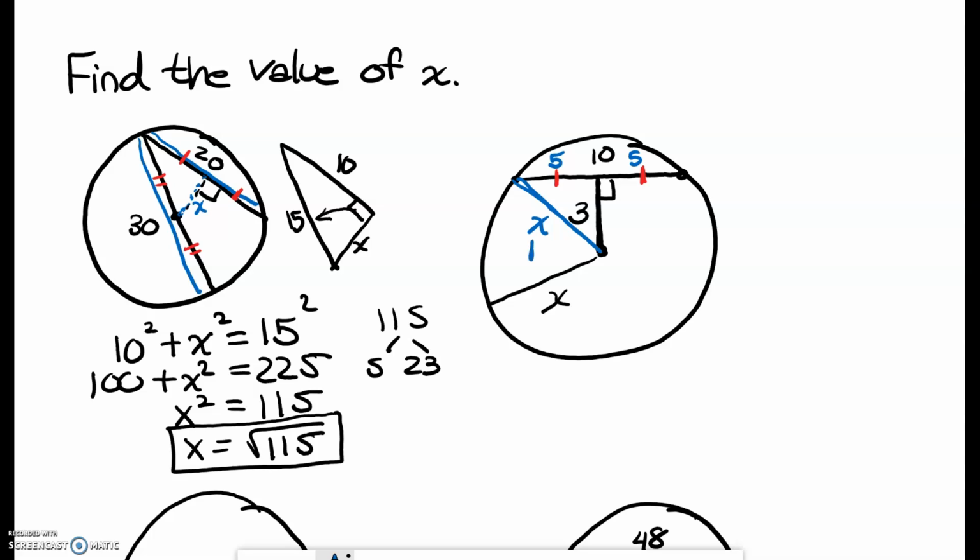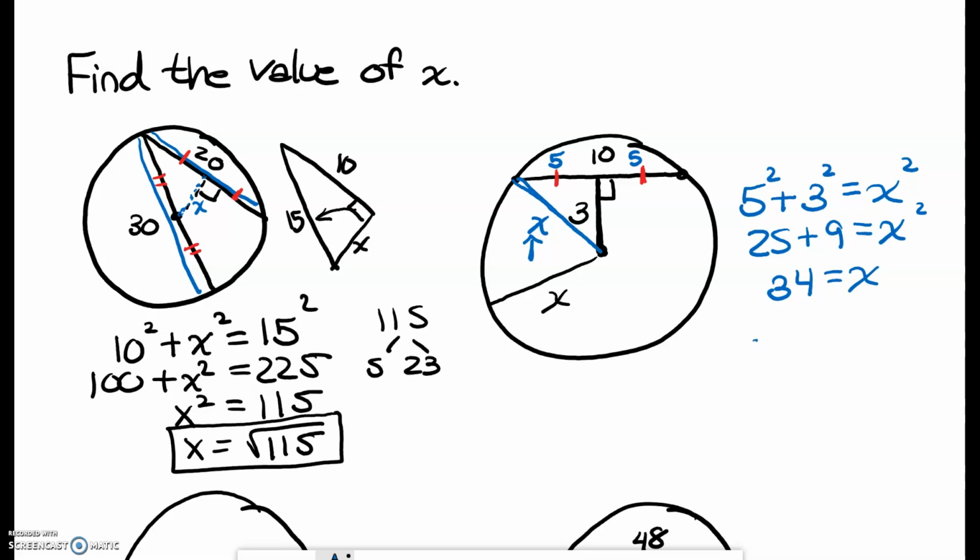So this is going to be my hypotenuse. With Pythagorean's theorem, 5 squared plus 3 squared equals x squared. 25 plus 9 equals x squared. 34 equals x squared. So x equals the square root of 34. The only two factors are 2 and 17, so that does not reduce.